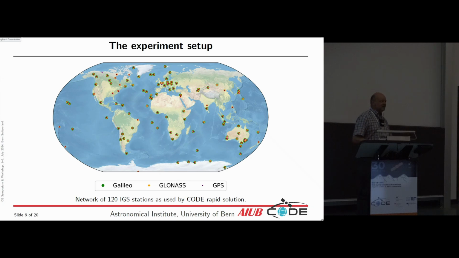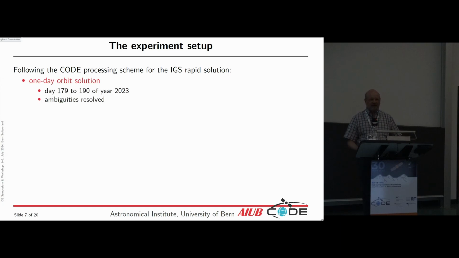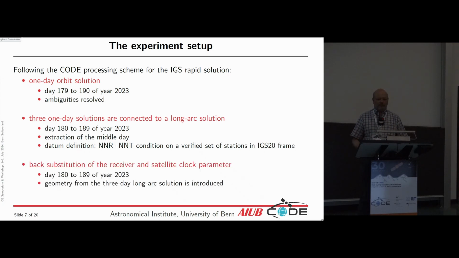Okay, now let's test this theory in practice. We have processed 100 stations from the CODE Rapid solution in the same way as we are doing our rapid processing. We have taken 10 days from last year with big amplitudes in the geocenter motion model from the ITRF. Ambiguities are resolved in a one-day solution, then 3 consecutive normal equations are stacked to a 3-day solution.